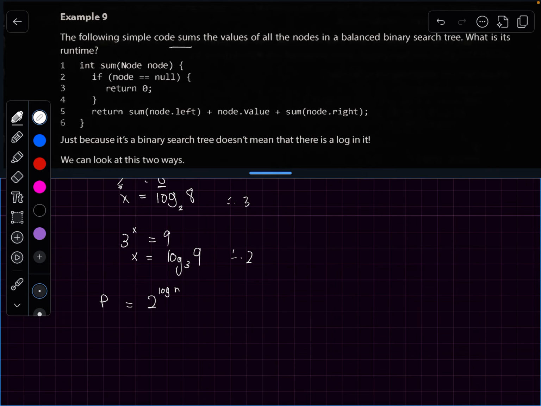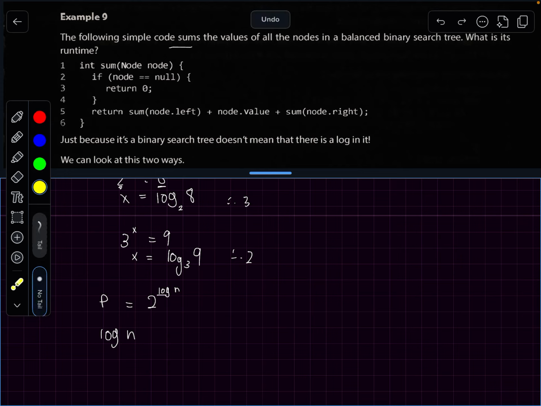Okay, so now we are attempting what we did previously. We want to make log n the subject. We're going to therefore go log n, which is base 2, which we said is implicit. You don't have to write it because computer science.